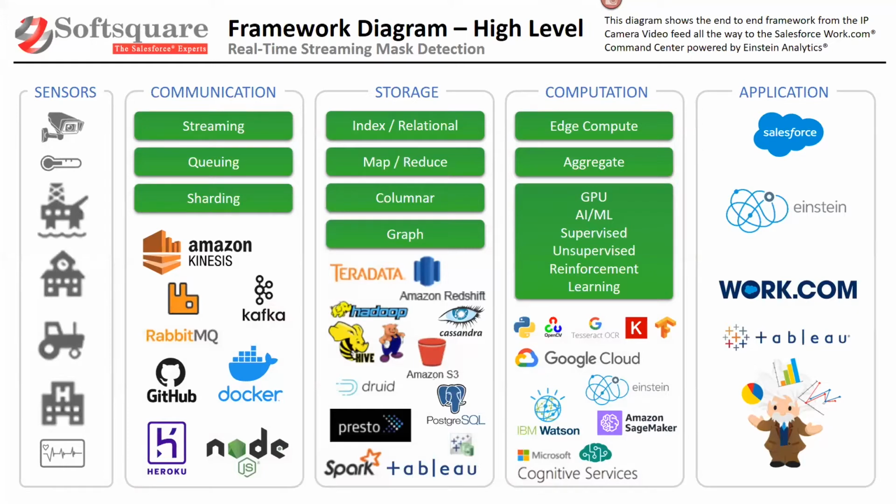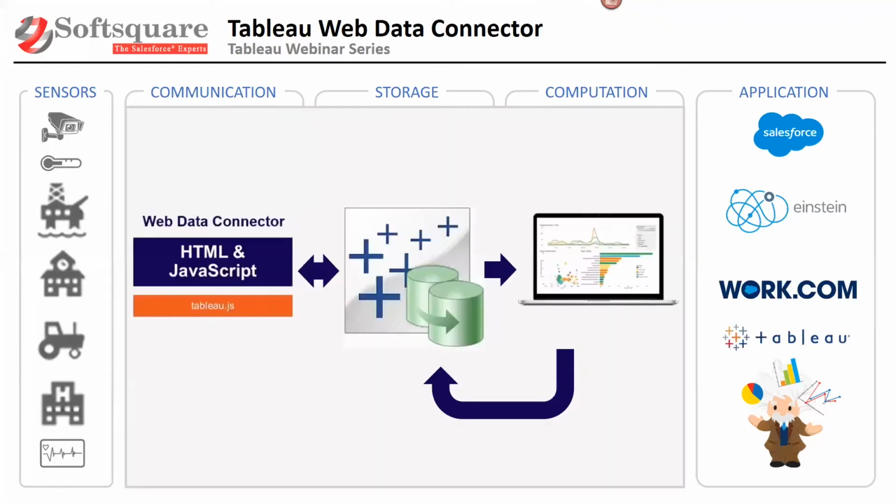So it simplifies the process. Again, it's a lightweight solution. It's not a very heavy lifting solution. Under 500 million rows is good for a Web Data Connector. But if you're going for millions of rows and petabytes of data, a Web Data Connector may not be the solution. It's a very lightweight solution used for real-time IoT data.